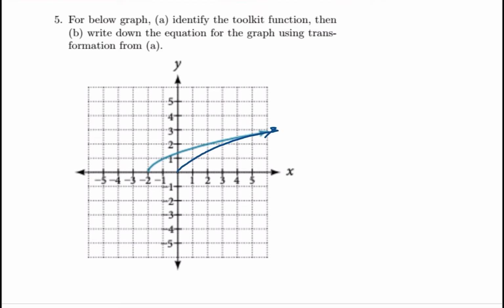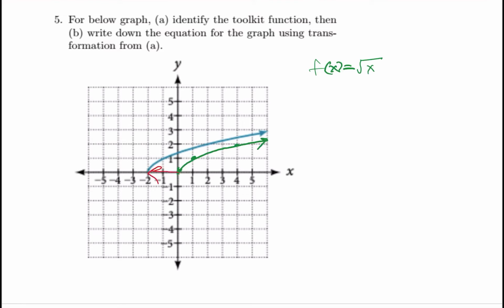Let me draw it more accurately with a different color. Again, we need to be able to recognize the shape. Here, the original function is square root of x. So what happened? It seems like the only thing that happened was left 2.